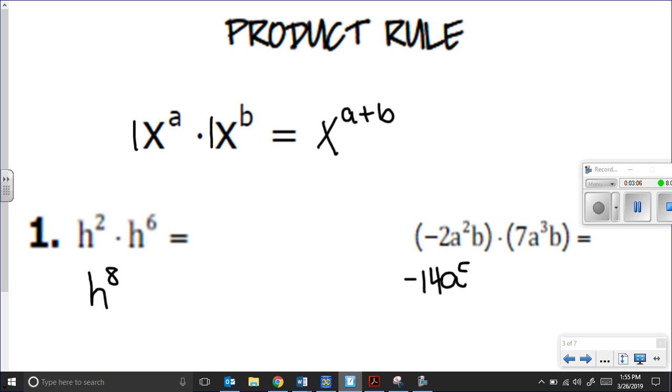So 2 plus 3 gives us 5. And then we're going to deal with the b. And even though there's no exponent written, it's understood that these exponents are 1. So then when we're using the product rule and these are being multiplied, you're really going to add the exponent and you end up with 2. So our answer will be negative 14, a to the 5th, b to the second power.